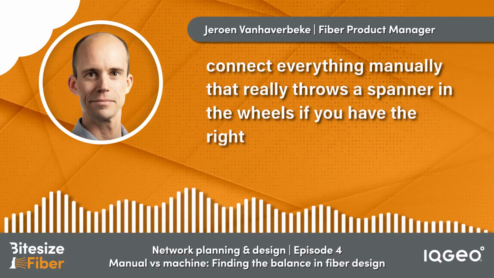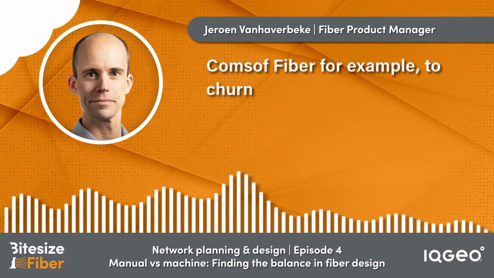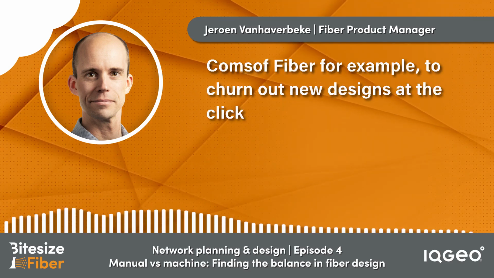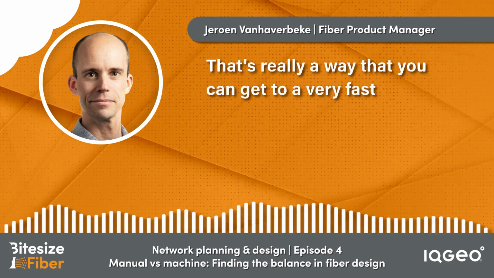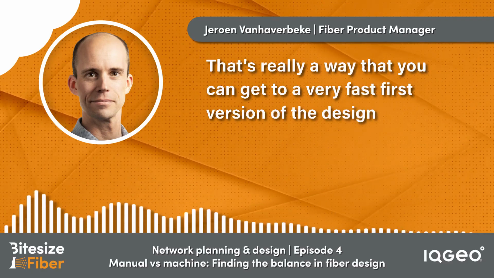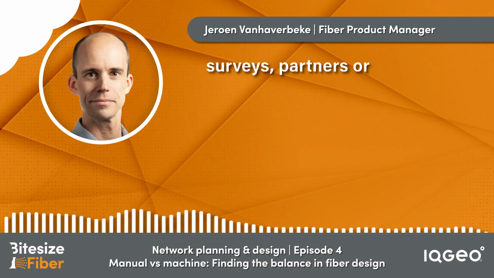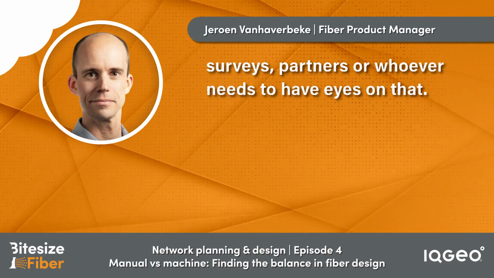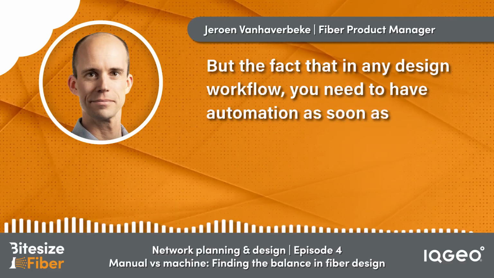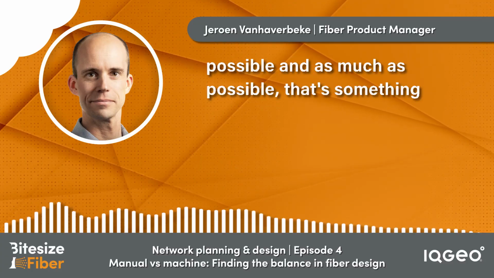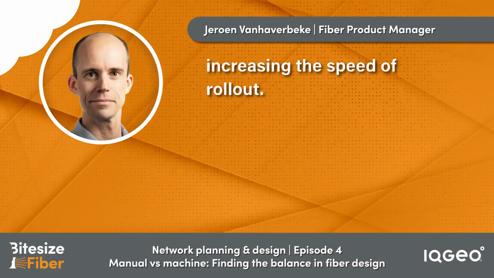If you have the right automation system, like Comsof Fiber, for example, to churn out new designs at the click of a button, that's really a way that you can get to a very fast first version of the design and then iterate on it with field surveys, partners, or whoever needs to have eyes on that. But in any design workflow, you need to have automation as soon as possible and as much as possible. That's something that I definitely recommend in increasing the speed of a rollout.